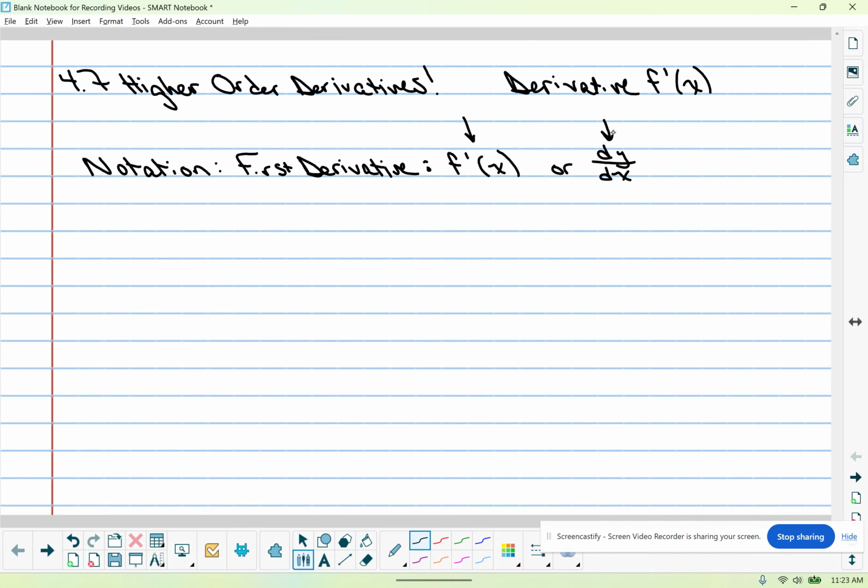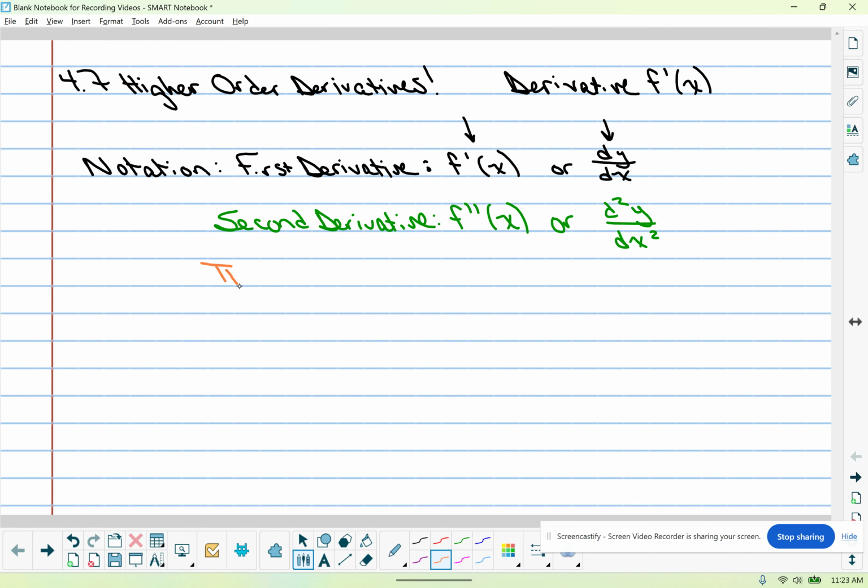You see this a lot in textbooks, the dy over dx, but it's correct. So you should be aware of what that looks like. Okay, the second derivative is f double prime of x, or it looks like d squared y over dx squared. Okay, these kind of go down.